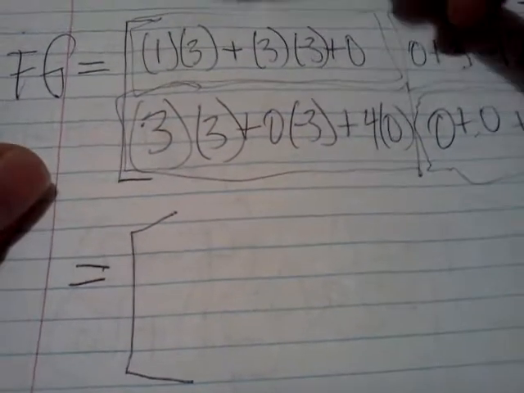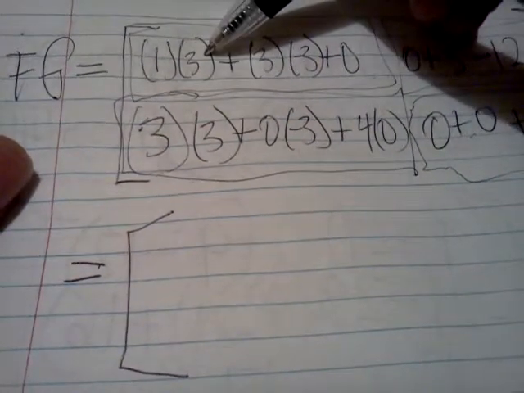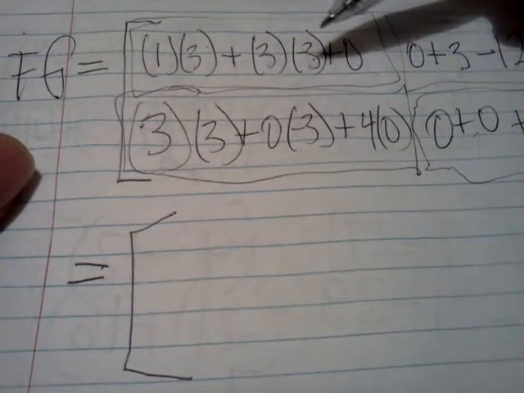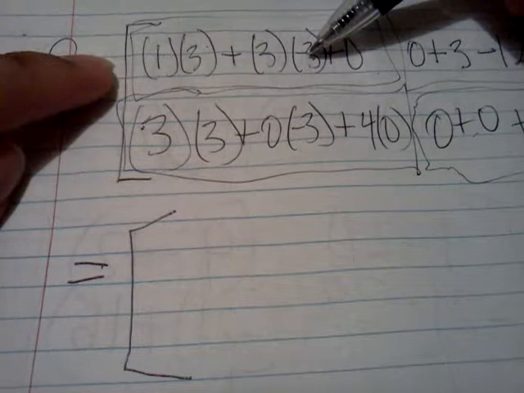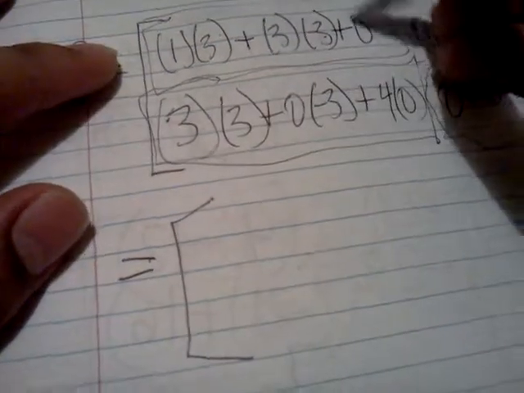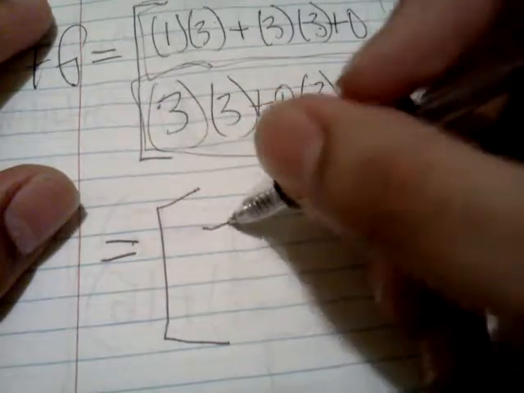Now, the rest is just finding the actual numbers for the matrix. So this is 1 times 3 is just 3. 3 times negative 3 is negative 9. So 3 minus 9 is negative 6.